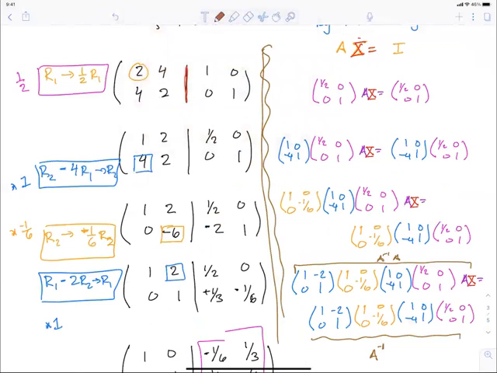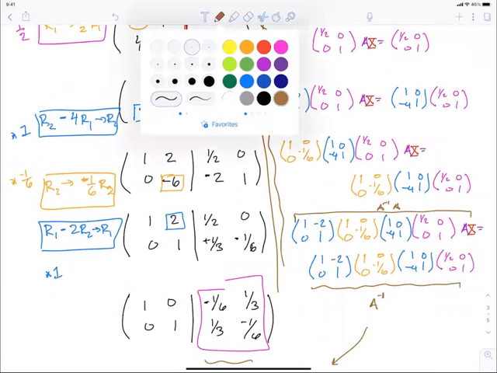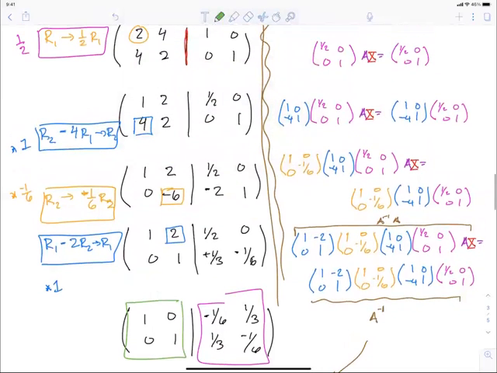But if all we're concerned about is computing the determinant, we just have to keep track of exactly what our row operations are. And when we're done, when we get to the identity right here, we can look back and say, when did we scale rows? And just look at the factor that we scaled by and multiply those up. So in this case, we have a 1/2 and a -1/6.